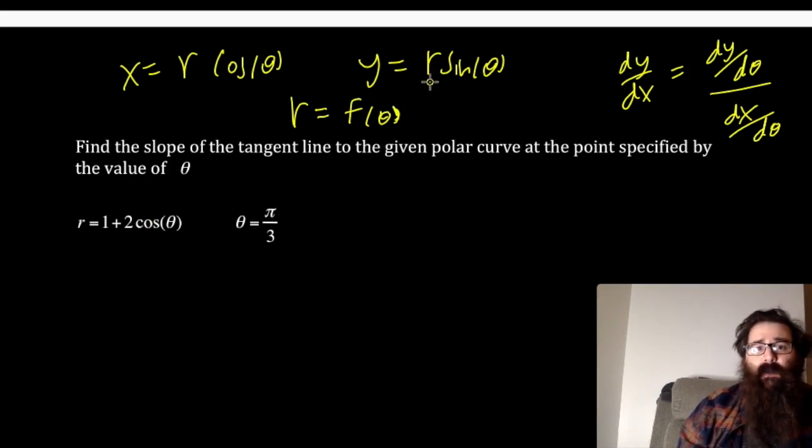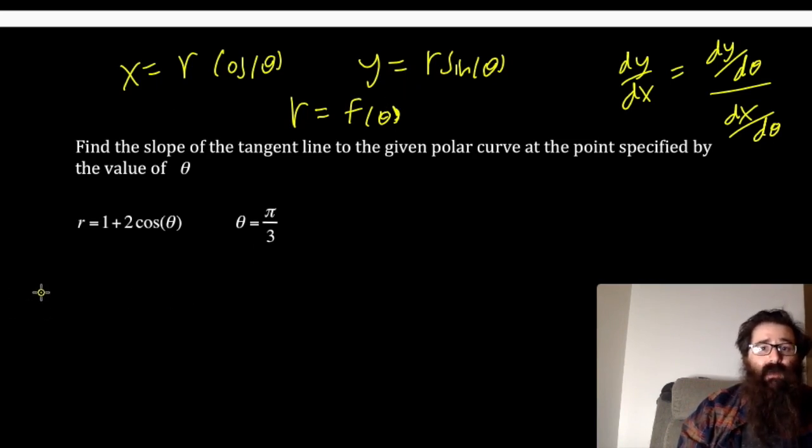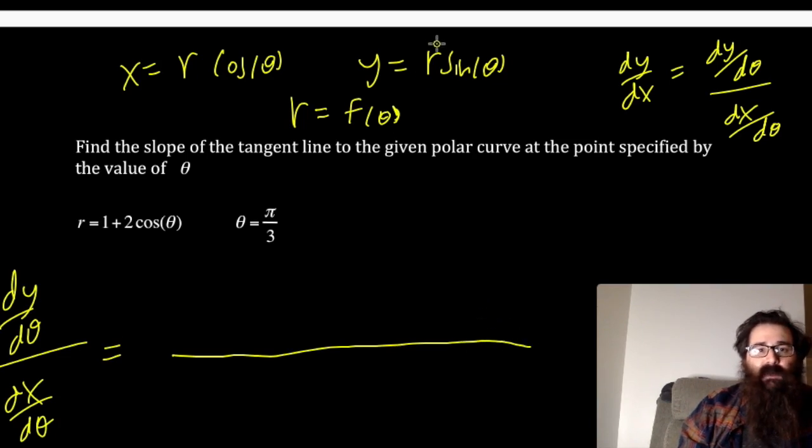So when I go to differentiate these x and y, I want to remember that r also is a function of theta, or certainly can be. And so I should be using product rule. So I'd say, well, okay, let's find dy d theta and divide it by dx d theta. We have to use product rule when we do this. So first, if I differentiate r, it has some derivative.